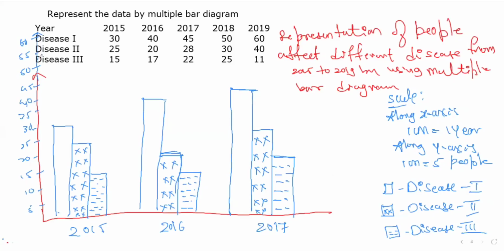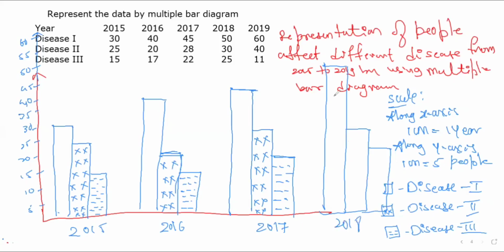Next for 2018, 50. Next 30. Next is 25. First, for 2018, this one is kept empty, then cross sign, then minus. In this way, you need to draw for the year 2019 also.